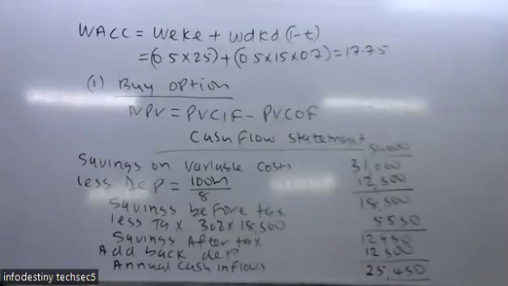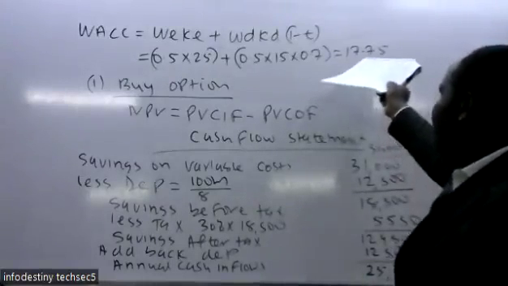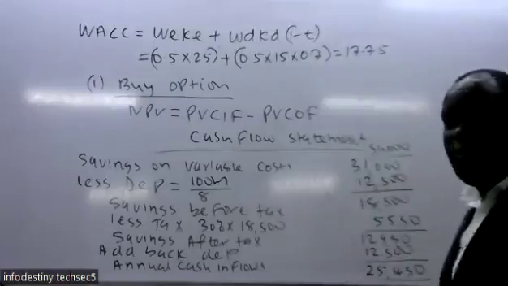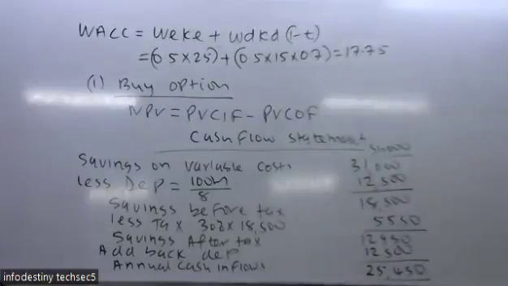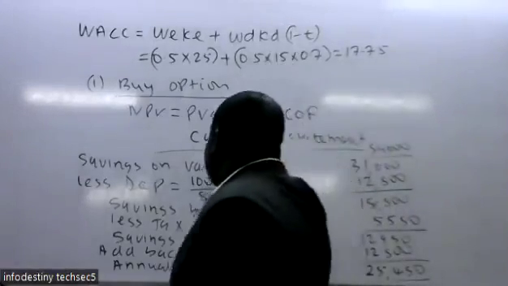So once you have done that, we also want to get the cost of capital, the discounting rate, which is 17.75%, but that figure is not in the table. So you should also calculate that figure.